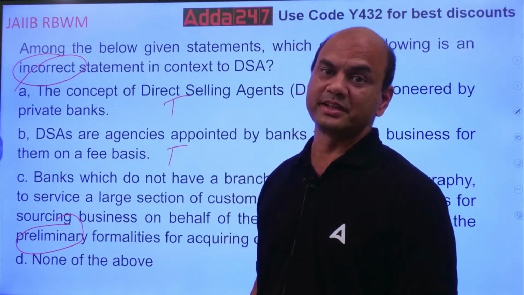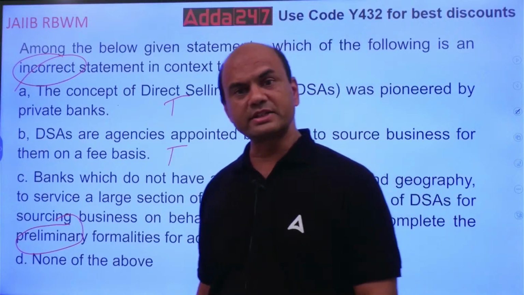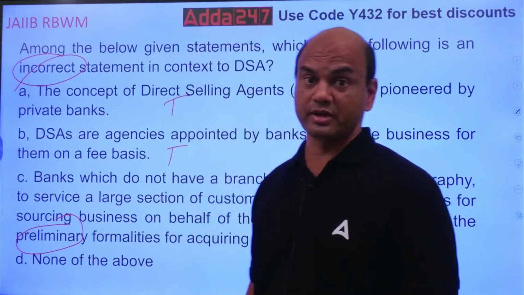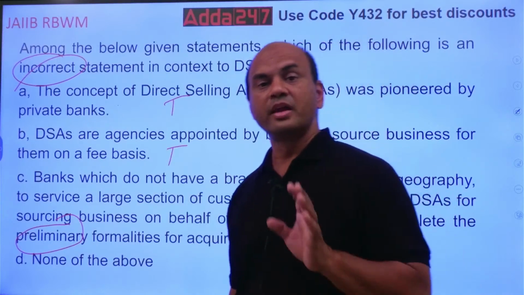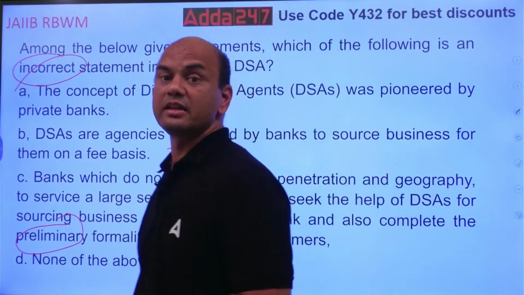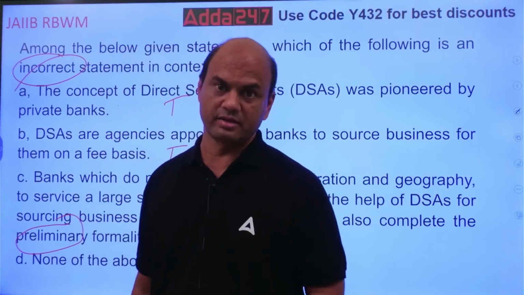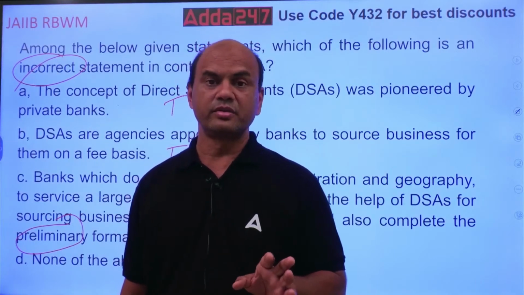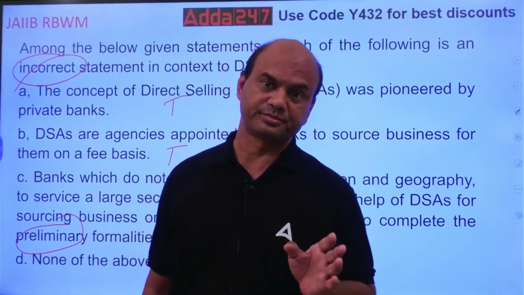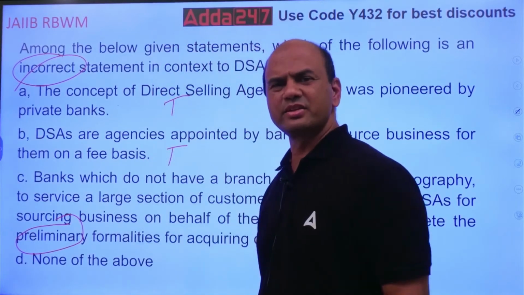They are not allowed to verify the documents. Verification is done by the branch staff, kindly note. Here, DSAs, BCs, they are never allowed to do something which is the decision making. Decision making job is not allowed for the DSAs and BCs. Okay. So preliminary means collecting, everything is okay.